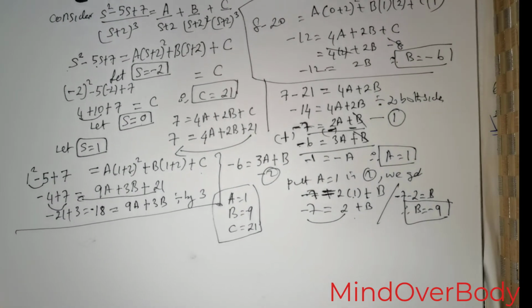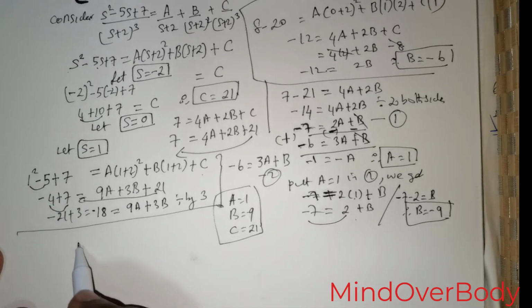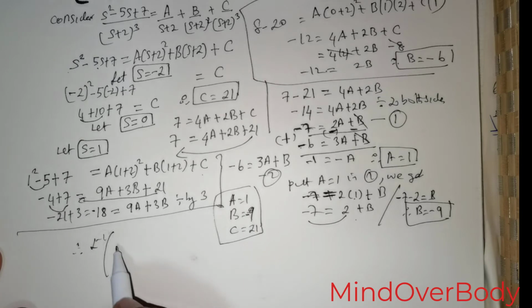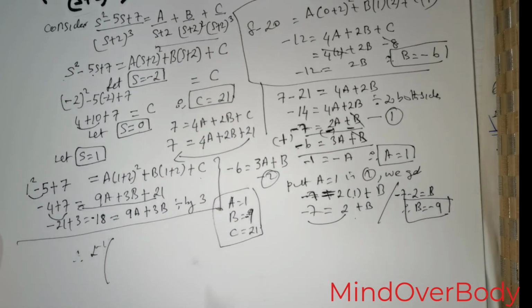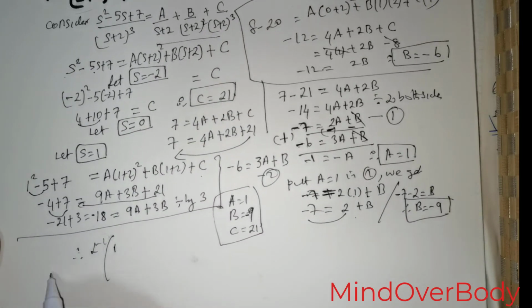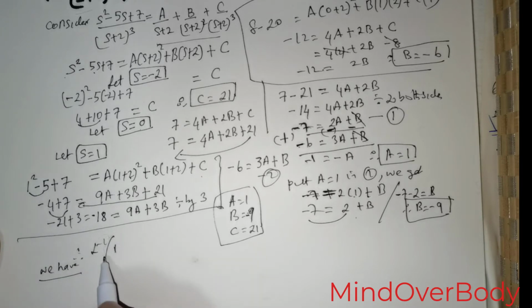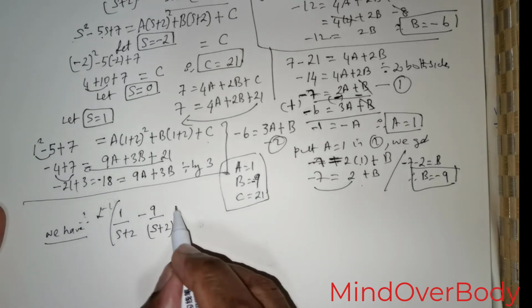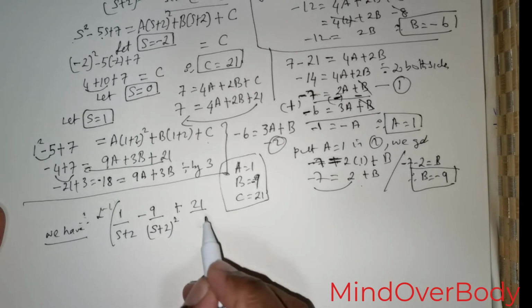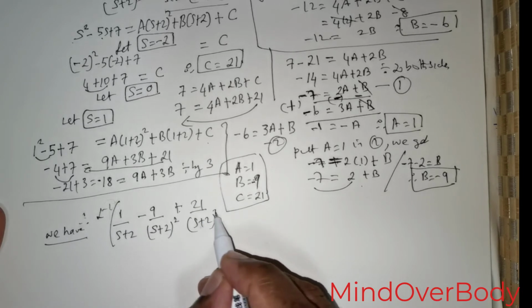So let's just do that. Therefore, L inverse of this quantity, I'm going to rewrite this quantity using this. My A is 1, so we have L inverse of 1 over S positive 2, my B is negative 9 divided by S positive 2 raised to the power of 2, my C is 21 divided by S positive 2 raised to the power of 3.